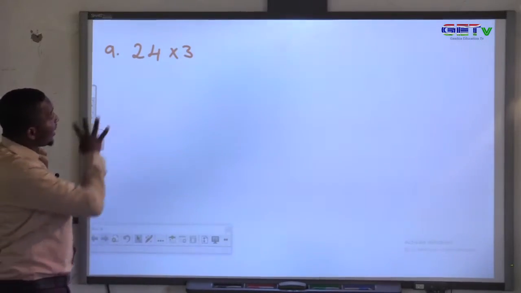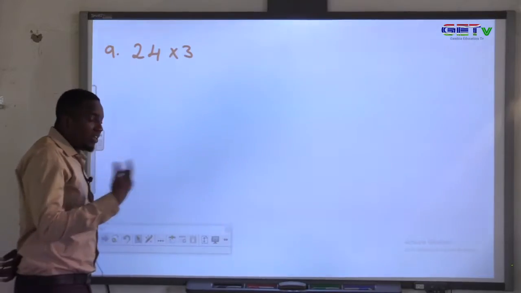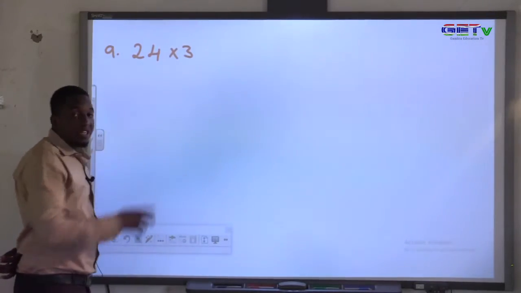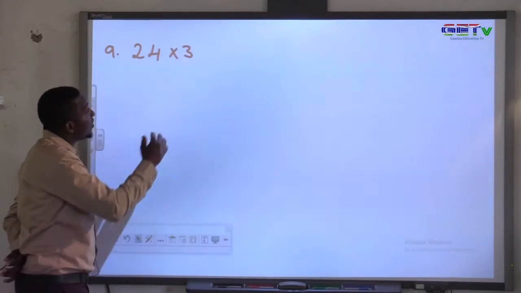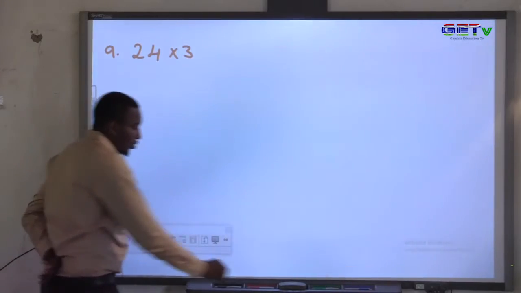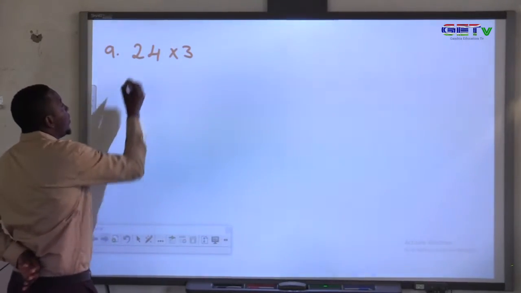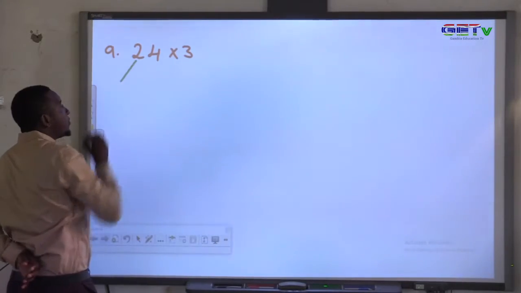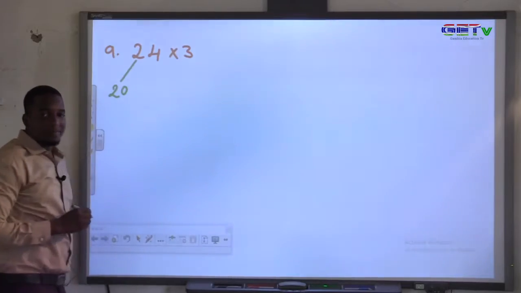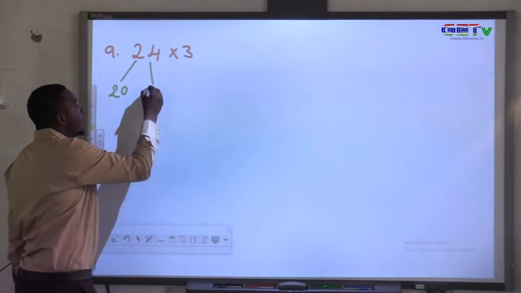Well, looking at the number 24 multiplied by 3, we need to investigate what are the values of the digits given, and of course we are also going to investigate their place values before we start solving. So the first one we have is 24. The value of 2 there is 20, and the value of 4 is just 4.